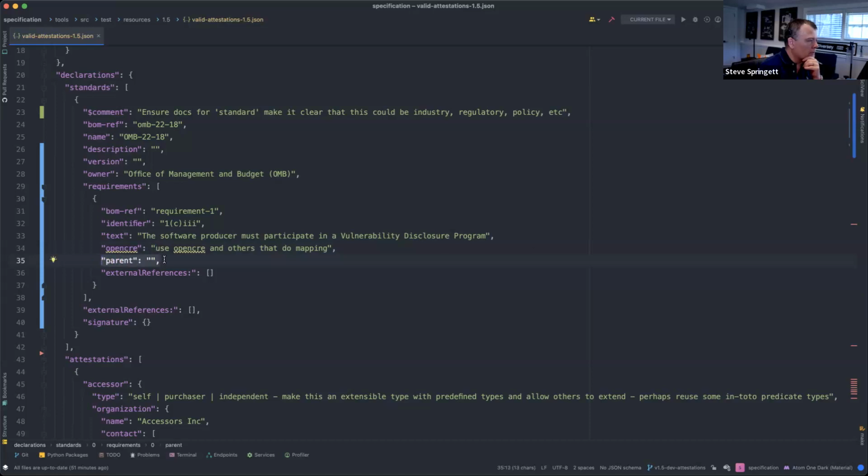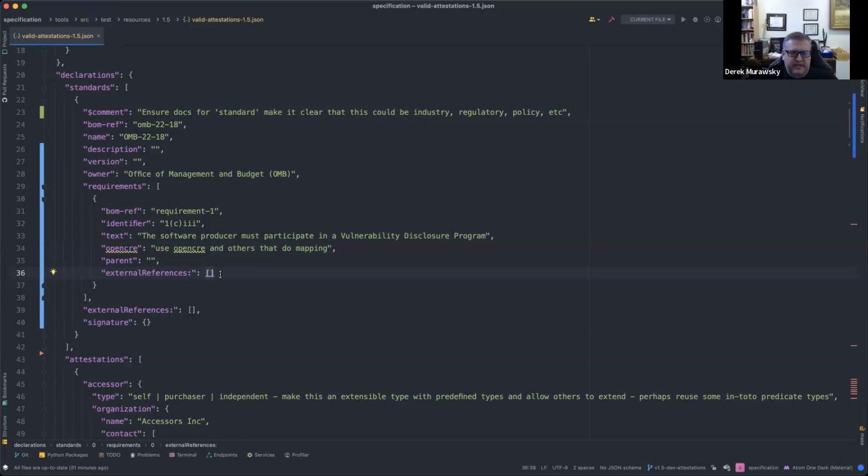We're establishing parent-child relationships of requirements, and then external references optionally. Is there anything that we're missing? Not that I can think of right now. I think a lot will come out when we try to do a mock of this with a standard or with part of a standard. I think we'll see, oh, wait, maybe we should add this or maybe we should add that.